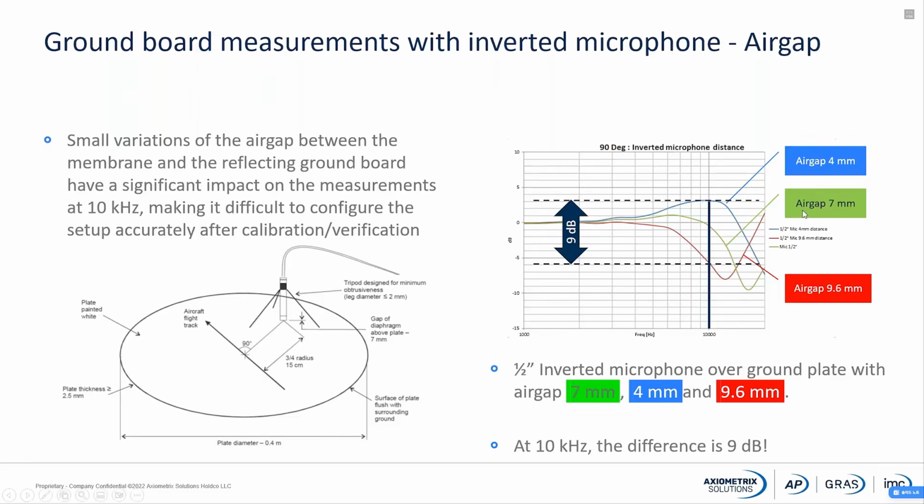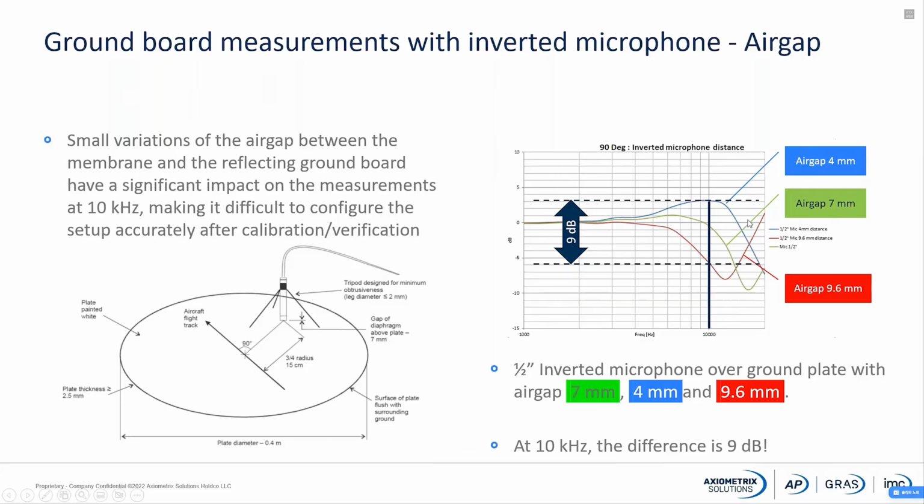If we take a look at the green curve, that is the air gap prescribed by the standard, 7 millimeter. You can see here it is flat up to 1000 hertz, 5000 hertz, and then up to roughly 10 kilohertz. And then it is dropping off here.